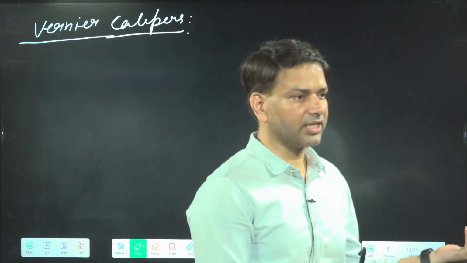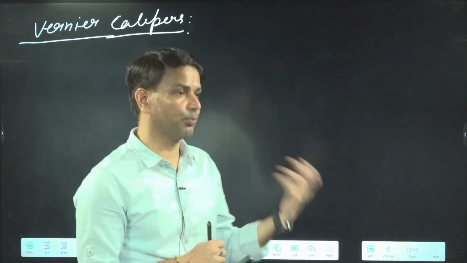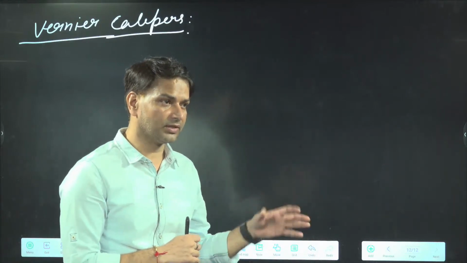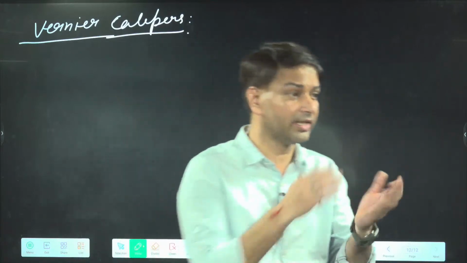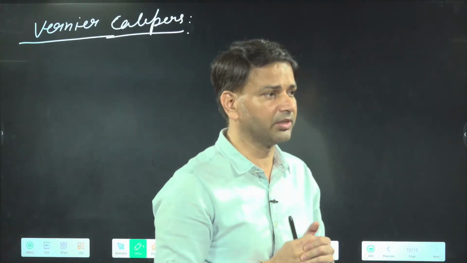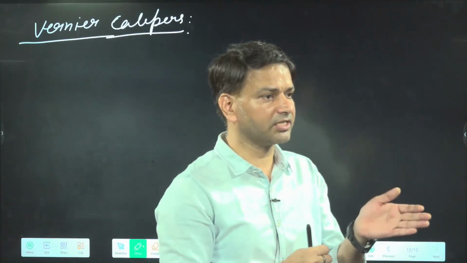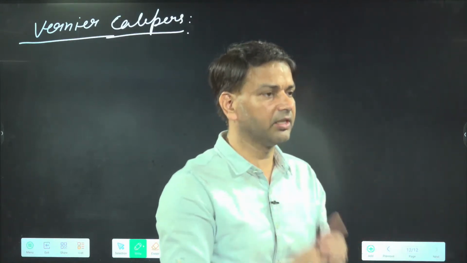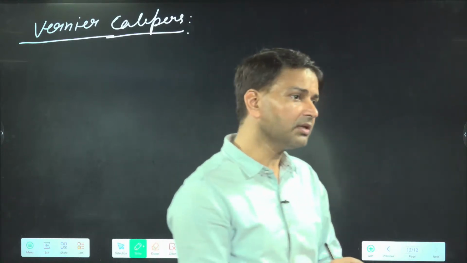Like a normal scale, its least count is 0.1 centimeter. It means from a normal scale you can get 2.1, 2.3, up to 1 decimal place of the centimeter. Vernier calipers least count is 0.01 centimeter, and screw gauge least count is 0.001 centimeter.